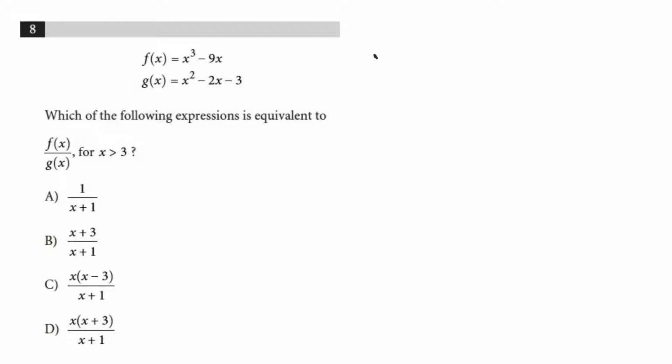I'm going to see that the top expression f of x has a common factor of x. We'll have x squared minus 9. Perfect. Now I recognize that's a difference of squares. And the denominator, well, we want two numbers that multiply to negative 3 and add to negative 2.